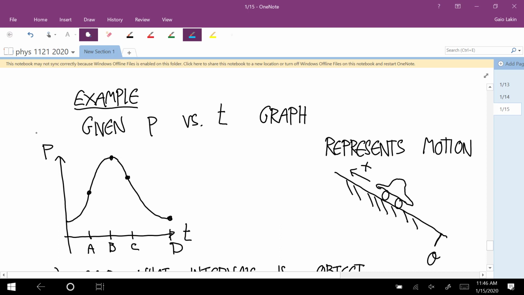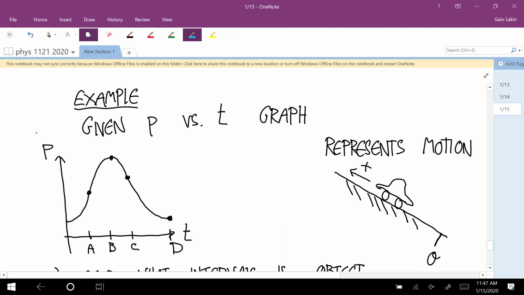From A to B, it's slowing down because the slope is positive, but it's concave down. So you have a positive and a negative. Then it's speeding up here because it's a negative slope and concave down. Okay.